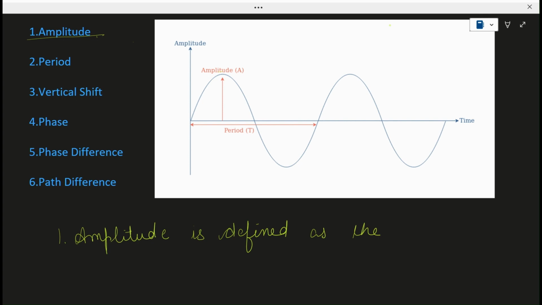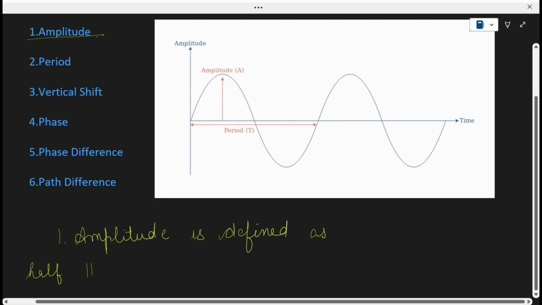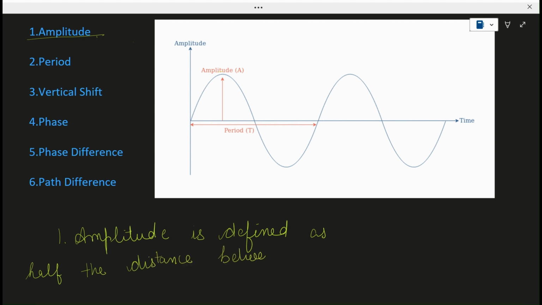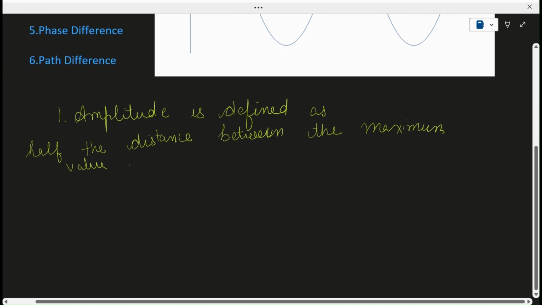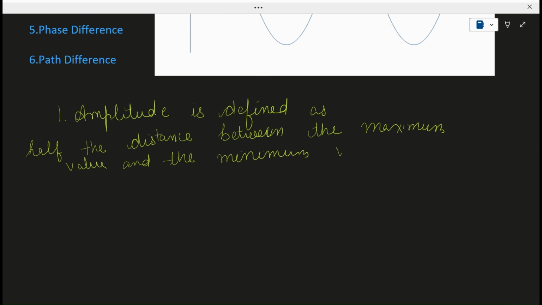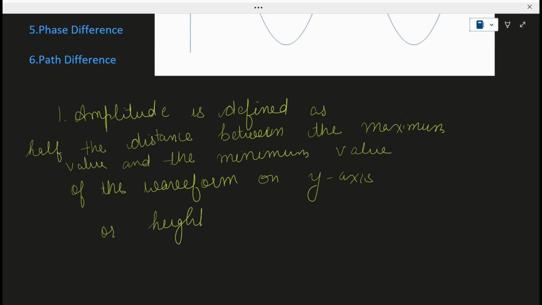Amplitude is defined as half the distance between the maximum value and the minimum value of the waveform on the y axis.